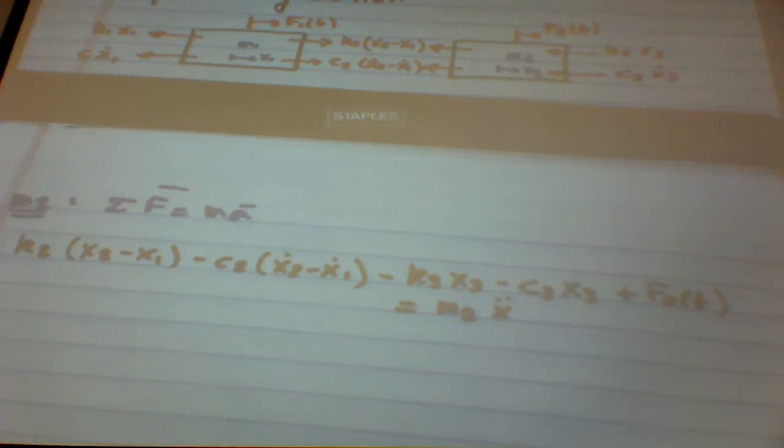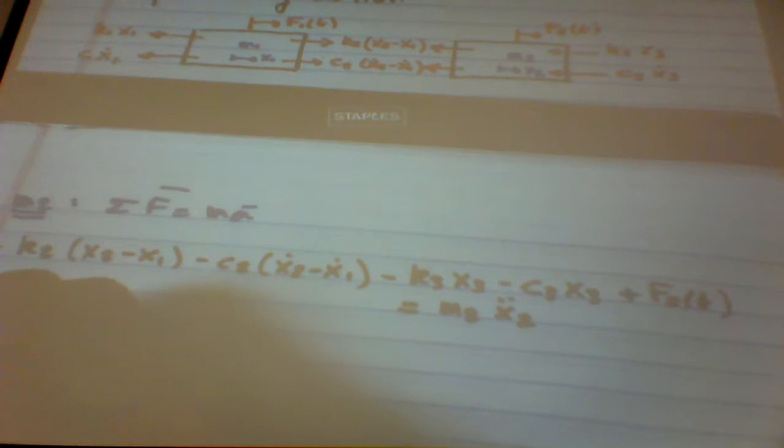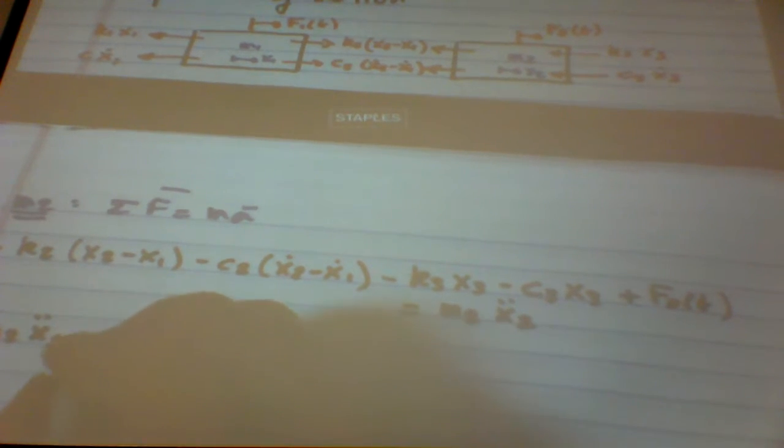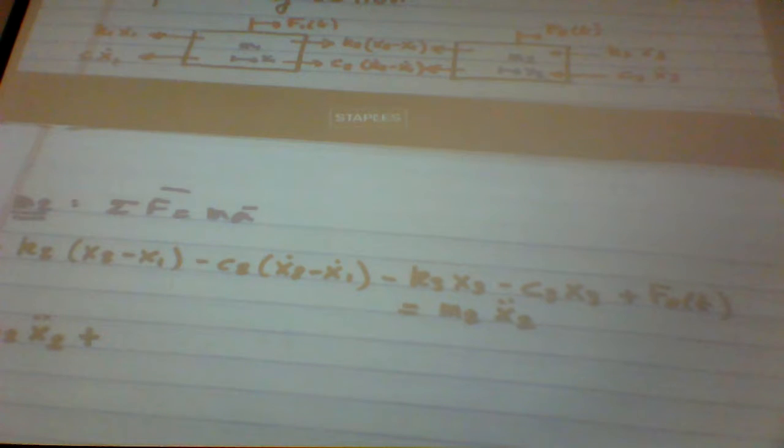M2 X double dot 2. So this will be equal to M2 X double dot 2, plus C2 plus C3 X dot 2.